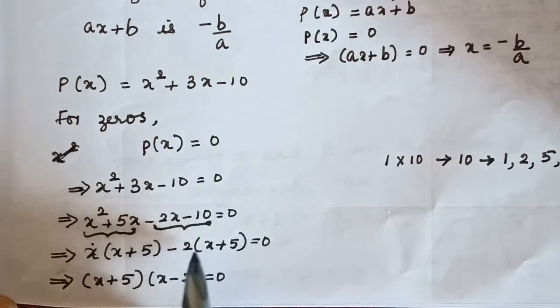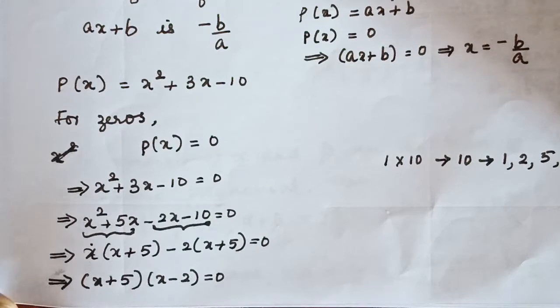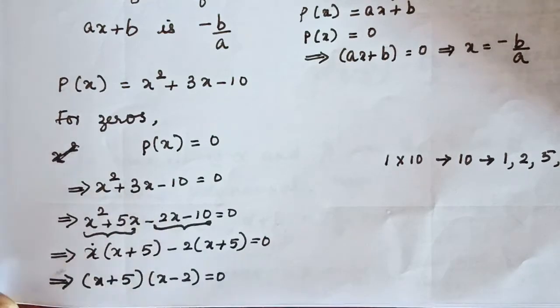Now multiply and check. Minus 2 into x is minus 2x. Minus 2 into 5 is minus 10 equal to 0. Now you can see that two terms are there. From these two terms, x plus 5 is a common factor. So this can be written as x plus 5 into x minus 2 equal to 0.